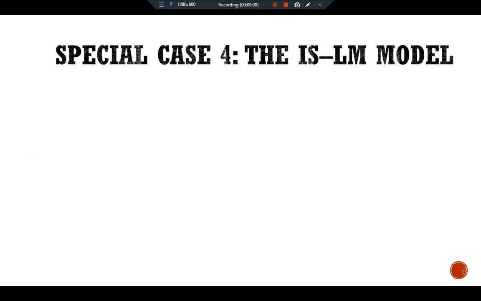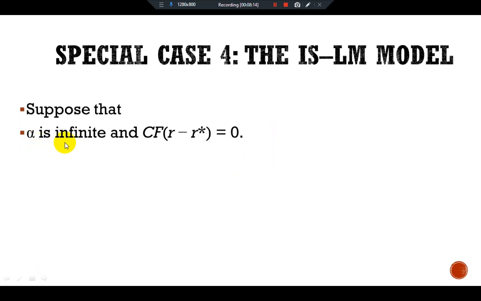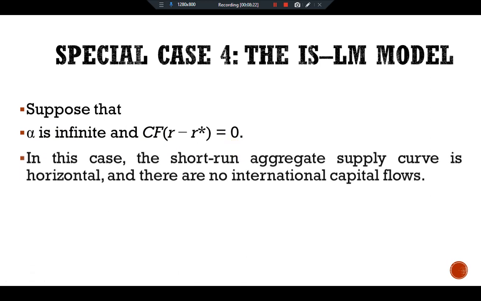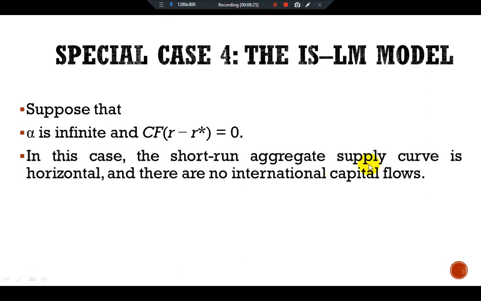Special case 4, the IS-LM model. Suppose that α is infinite and CF(r - r*) = 0. In this case, the short run aggregate supply curve is horizontal and there are no international capital flows.